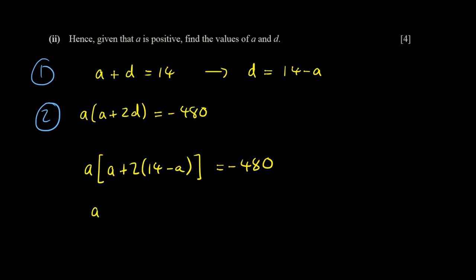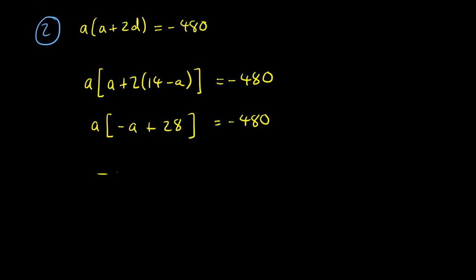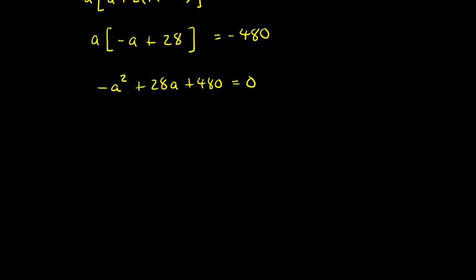So that will be A bracket, we're going to get A minus 2A, aren't we? So that's going to be negative A plus 28 is equal to negative 480. And so we're going to get negative A squared plus 28A plus 480 is equal to 0. And we just times everything through by negative 1. So A squared minus 28A minus 480.